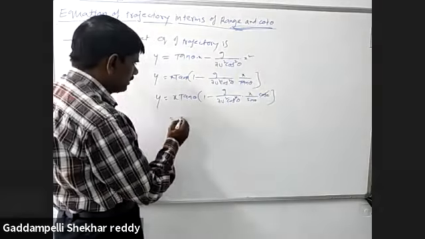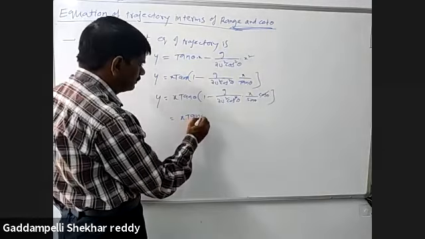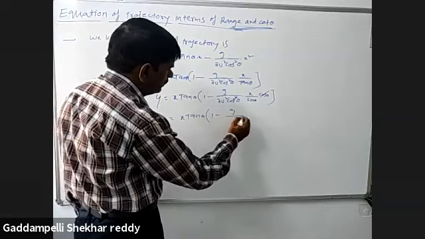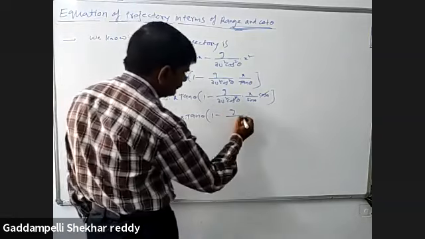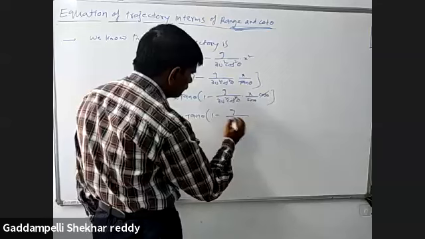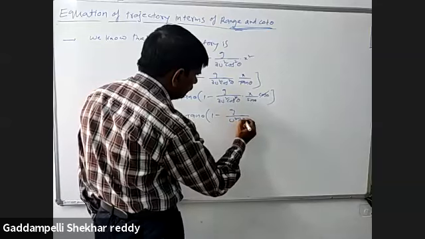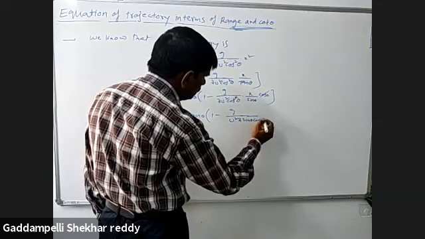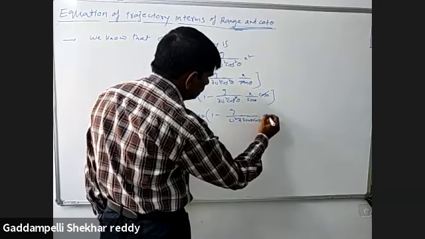That means we have x tan theta into 1 minus g by u square, times 2 sin theta cos theta, into x.